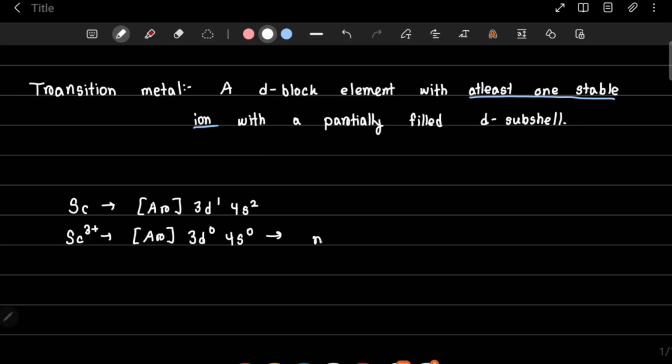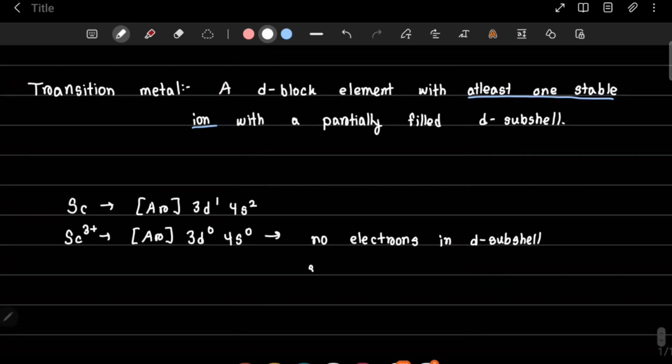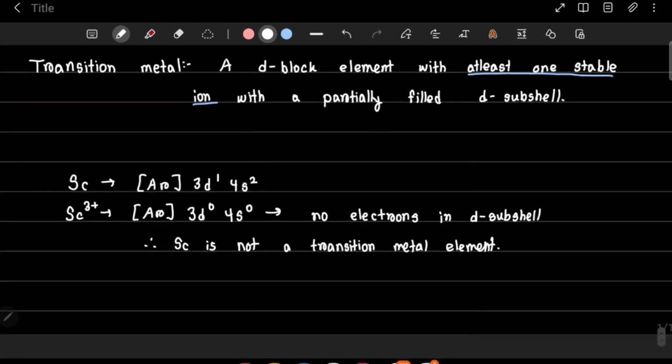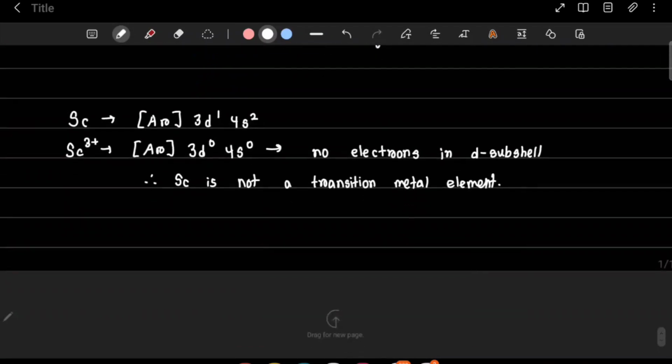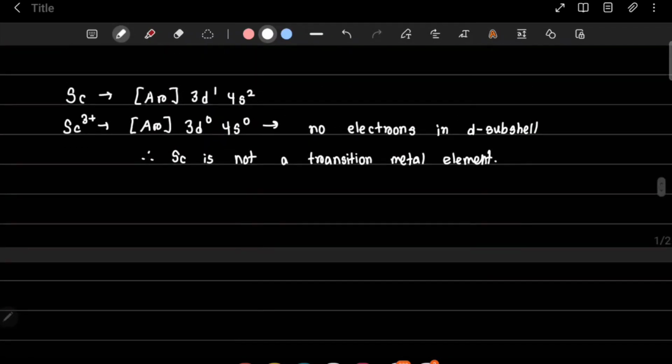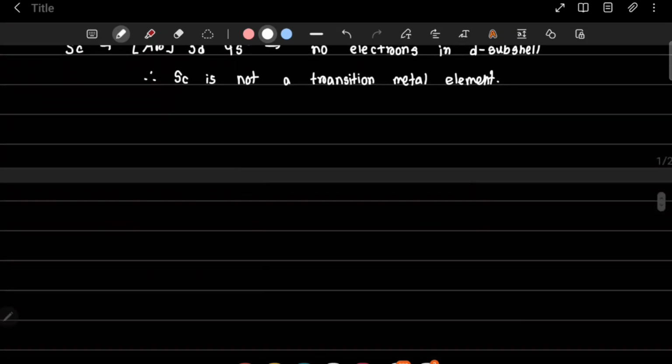So this has no electrons in the d subshell. Since this is the only stable ion of scandium, it is not a transition metal. From that we can conclude that scandium is not a transition metal element. So this is for an empty 3d subshell.